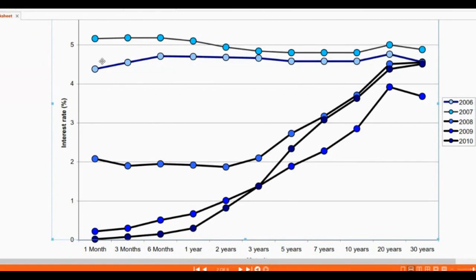And I guess another thing that we could observe, which is kind of implicit in the fact that we're able to talk about yield curves at all, is that the whole thing tends to move up and down together, right? When interest rates rise, it's the short runs and the long runs as well.